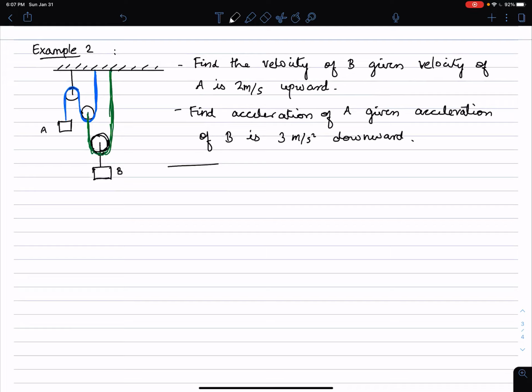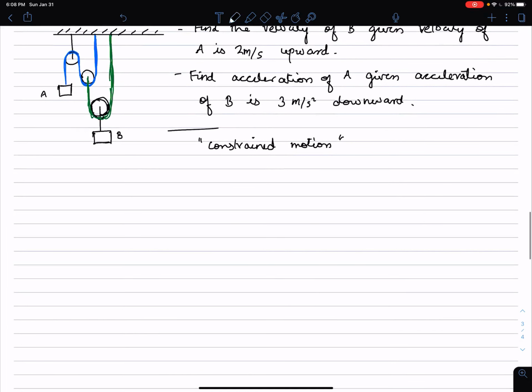This is an example of constrained motion. Constrained motion meaning these masses are constrained to move in a particular manner by virtue of the fact that they're connected by these pulleys and these inextensible ropes.